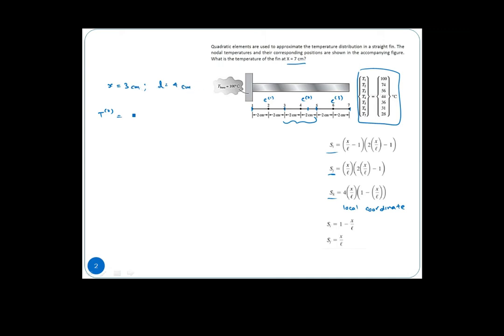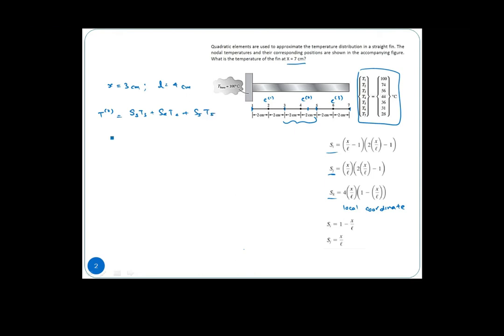Then we are talking about element number 2. So we have T equals S3 T3 plus S4 T4 plus S5 T5.